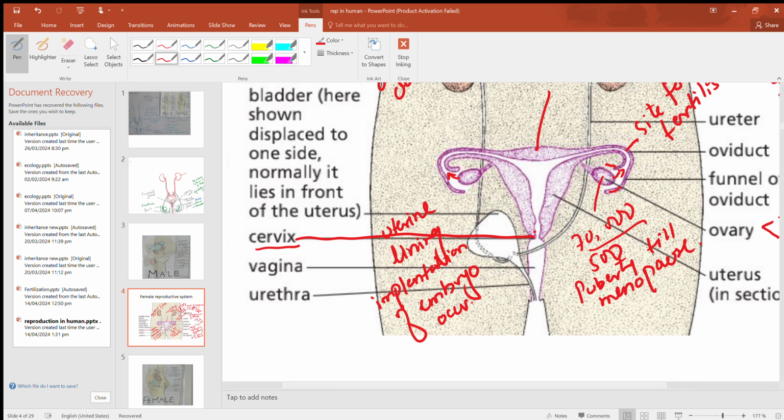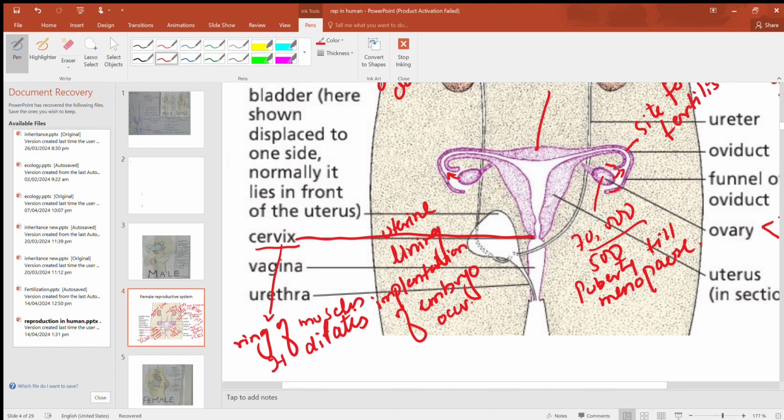It is simply a ring of muscles, and it dilates at the time of birth so that it can provide passage to the baby.